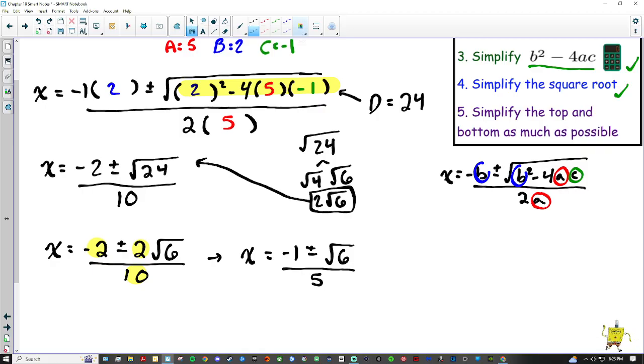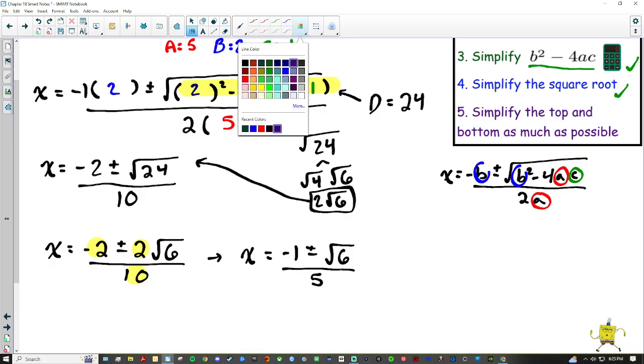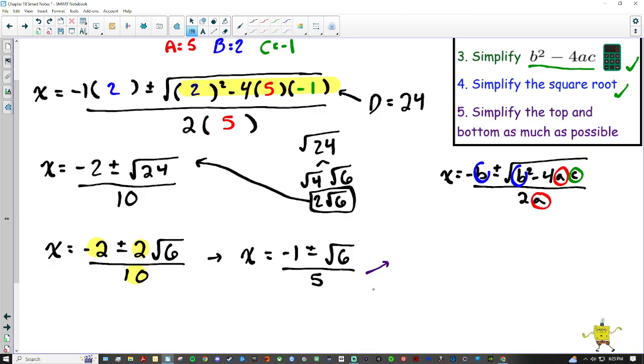So let's split this up into our two solutions. Plus and minus. I'm going to split this up. Negative 1 plus the square root of 6 over 5. And negative 1 minus the square root of 6 over 5. These are my two possibilities, plus or minus.